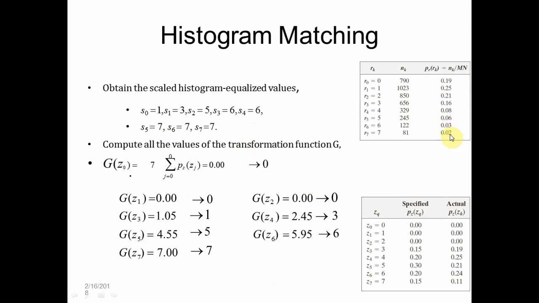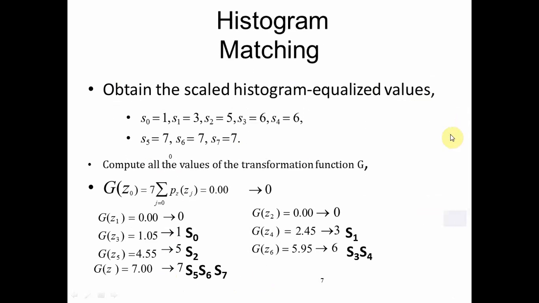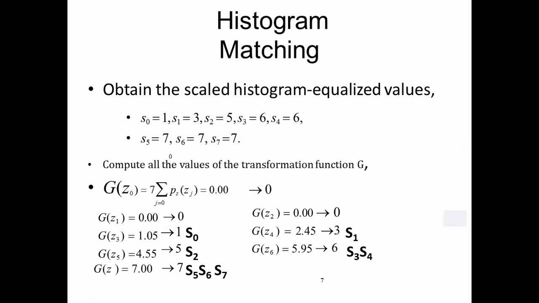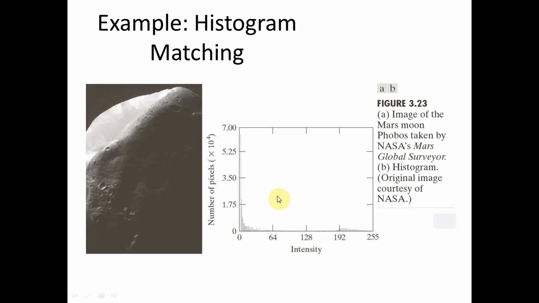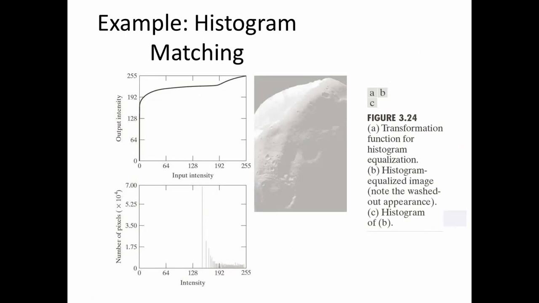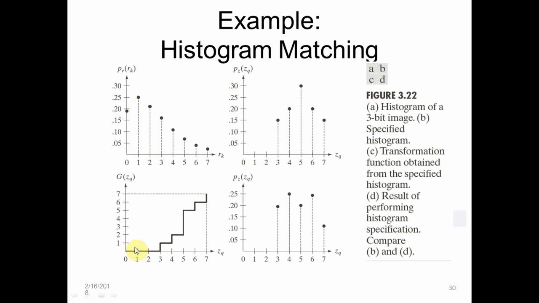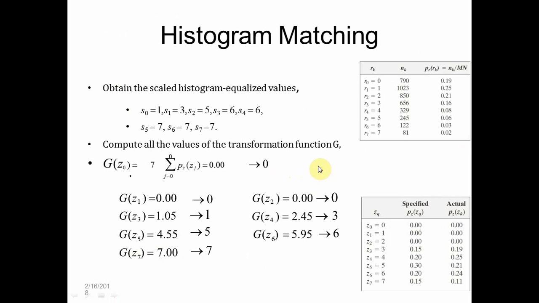So 0.11, 0.11. Like this, we will match the histogram. It will look like this, which will start from your 3, 4, 5, 6, 7.